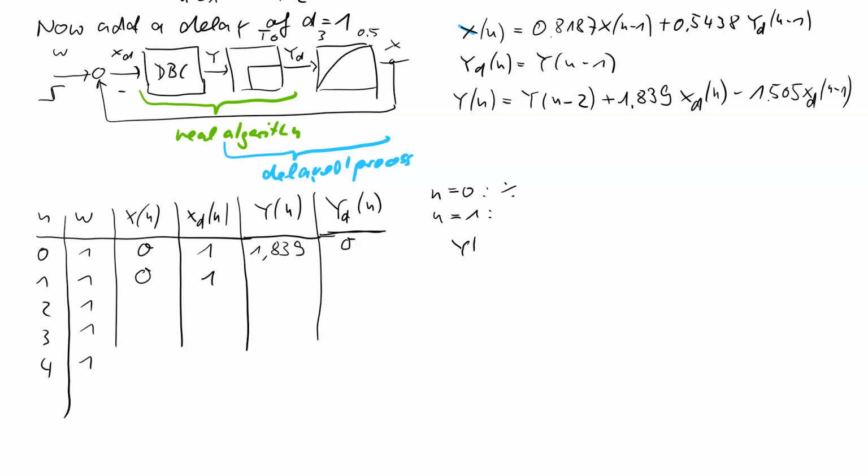Y of 1 is, this is still 0, plus 1.839 times xd of 1, xd1 is 1, minus 1.505 times xd of 0, and xd of 0 is also 1.